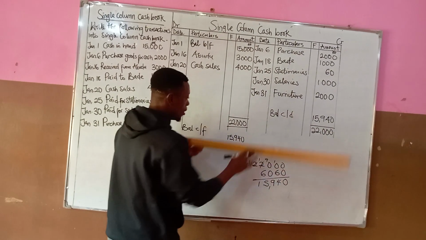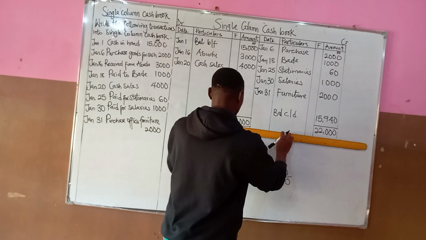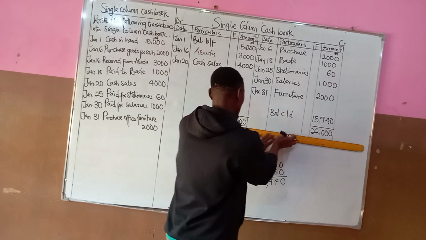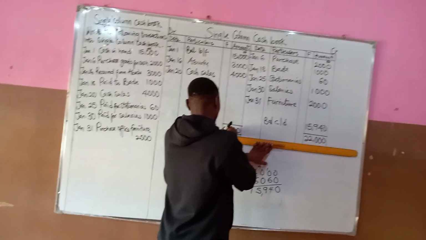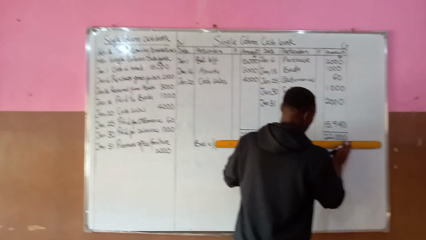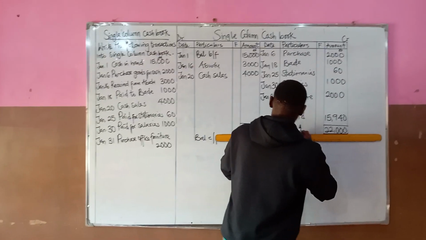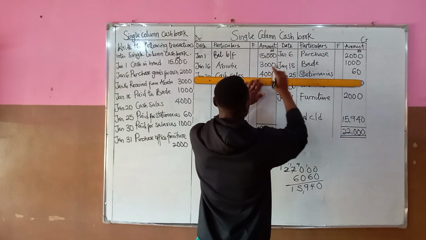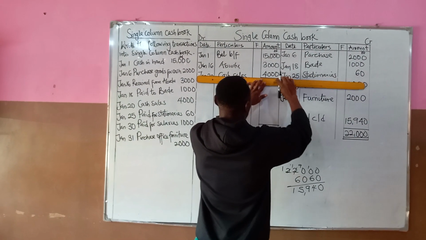Then we close. Remember, you close with a double line. Once you close with a double line, it means that you are done entering your transactions. And we don't forget to close this. We also close with a Z, so that no other transaction can be entered.